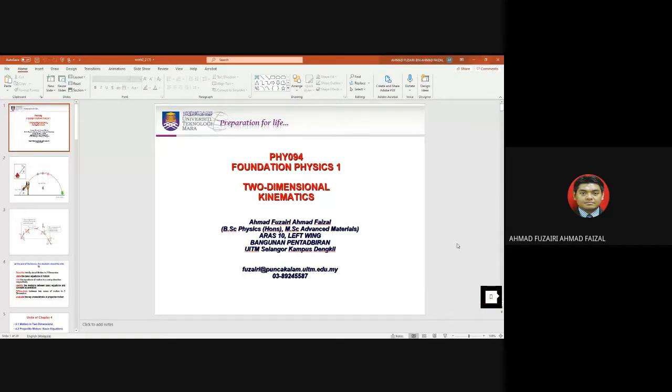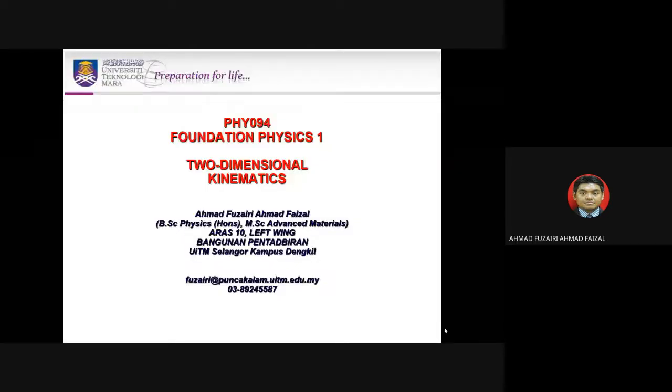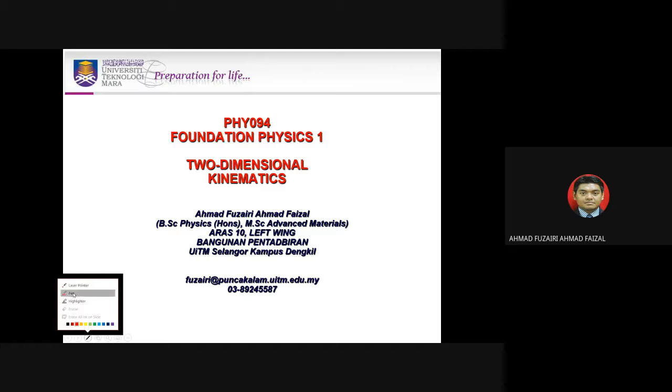Okay, so right now we want to discuss more in terms of two-dimensional kinematics. I would like to highlight first, before this, we learned separately.